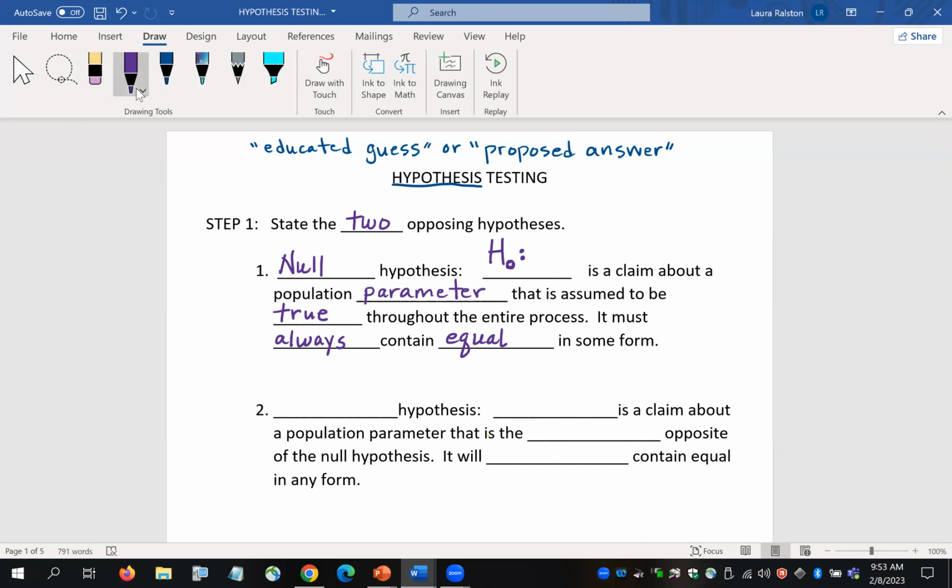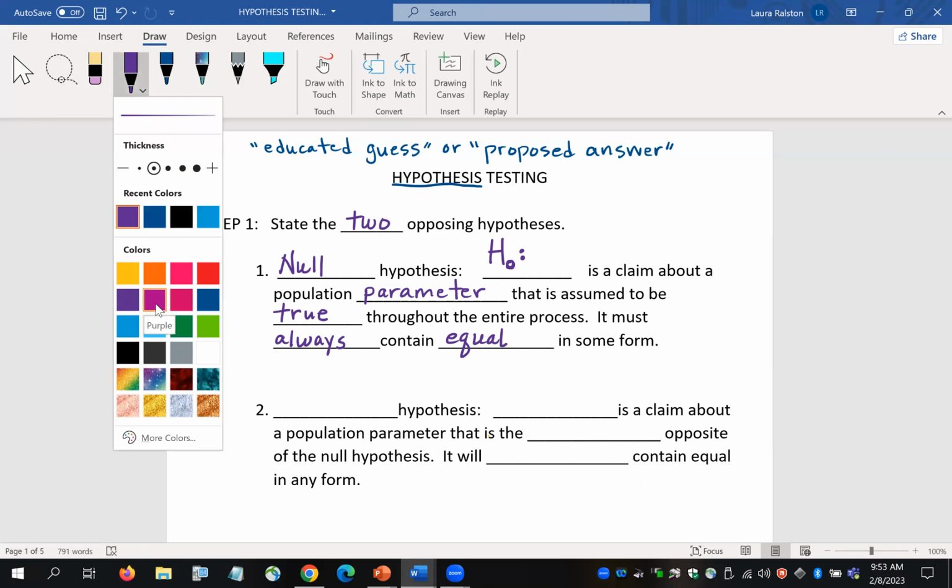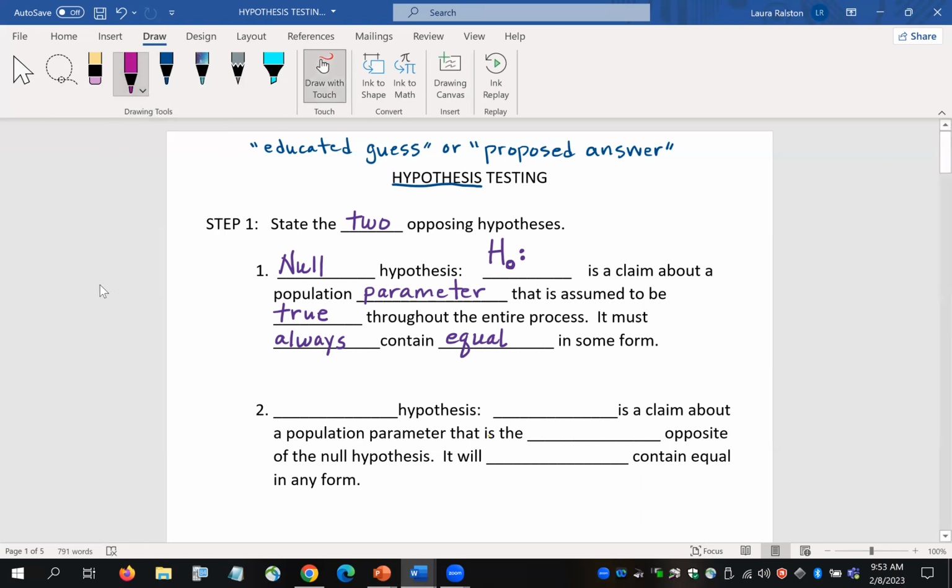It does say here that it's a claim about a population parameter. For our purposes in this course, we're going to focus only on the population parameter of the mean. You can also conduct hypothesis tests on the standard deviation, on the variance.